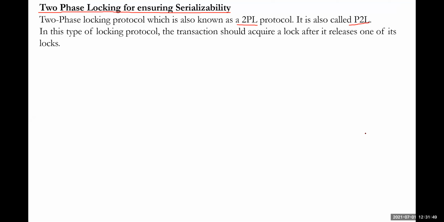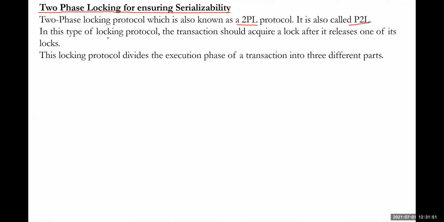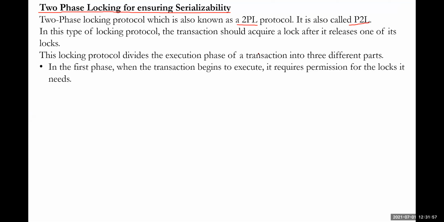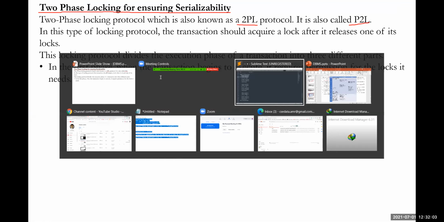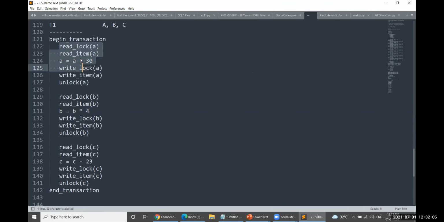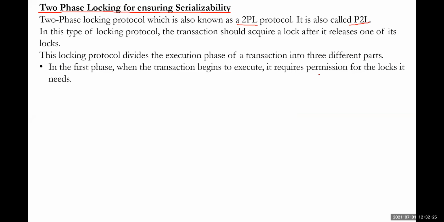In this type of locking protocol, all transactions acquire the locks and release them one after another. For each transaction, I have written the same thing. For the first item, the whole process is completed. Then on the second item we have released the lock, and the process for the second item is completed, lock and release, and so on and so forth. Then it is called strictly two-phase locking.